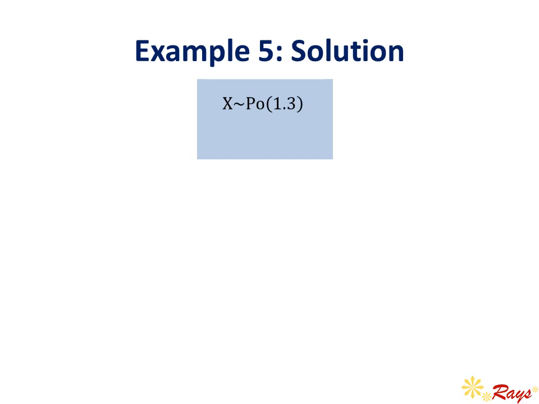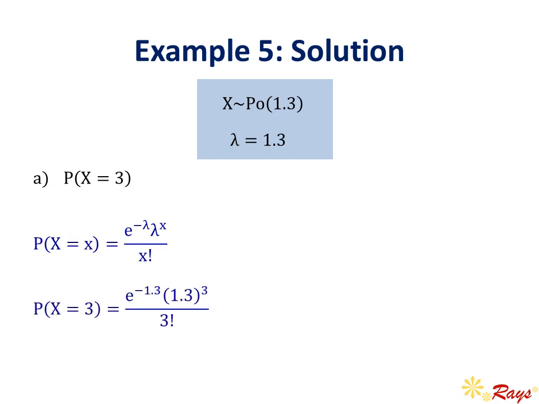From this expression, we can see clearly that lambda is 1.3. So to answer A, probability of X equals 3, the formula is this. We just need to plug in the values. And that is our answer.